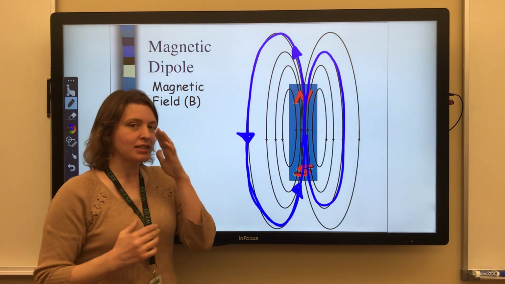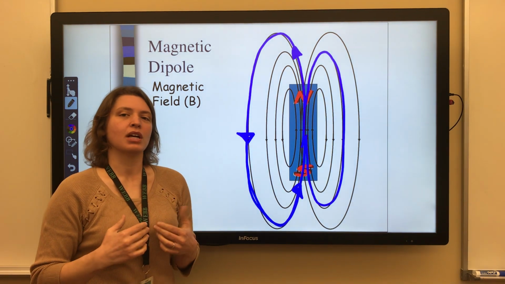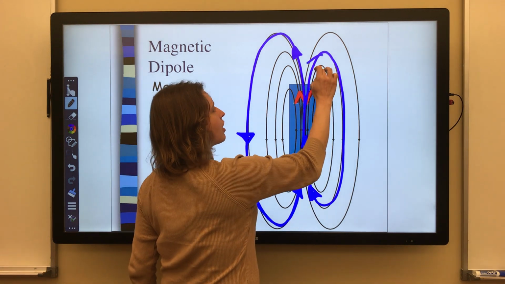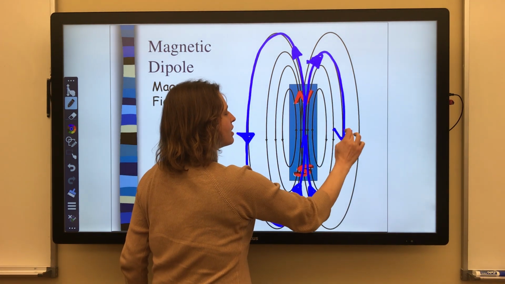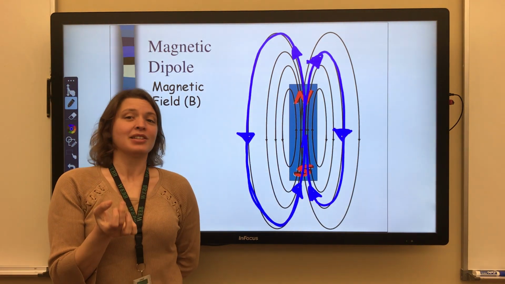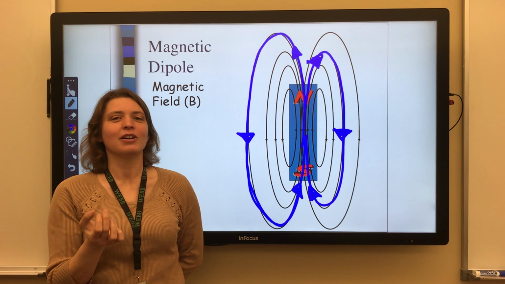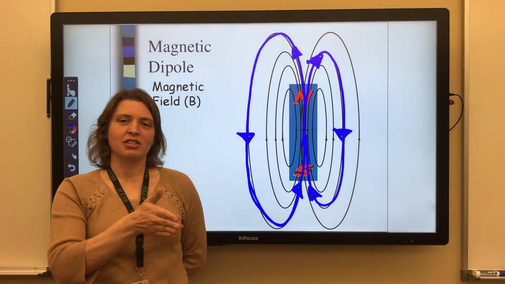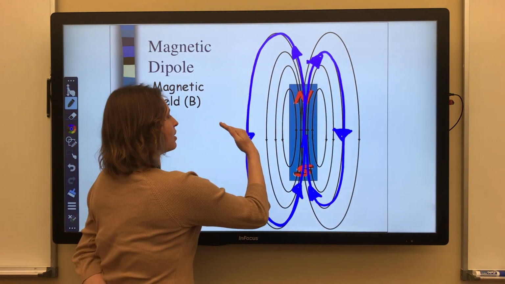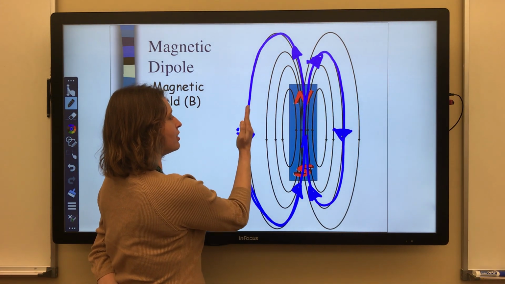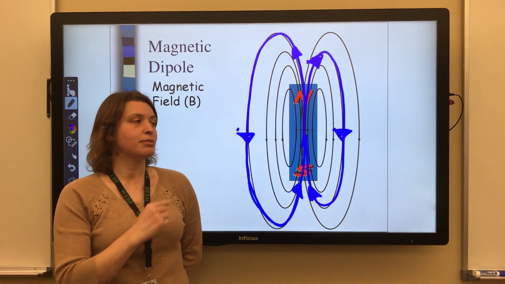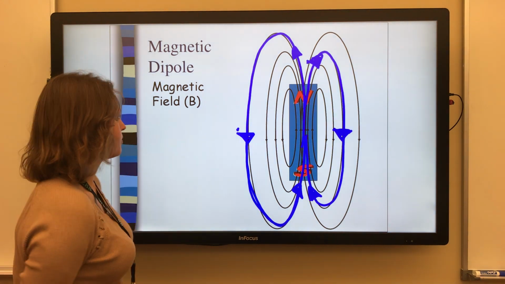The magnetic field lines themselves are just a tool we use to understand the forces acting on charged particles. But we need to start by being able to draw and designate what those field lines look like. If you've ever taken a compass and tried to line it up with Earth's magnetic field, you'll see that little piece of metal waver around and line itself up in a specific direction. It's orienting itself relative to this magnetic field, because there's a force applied on objects due to an external magnetic field.